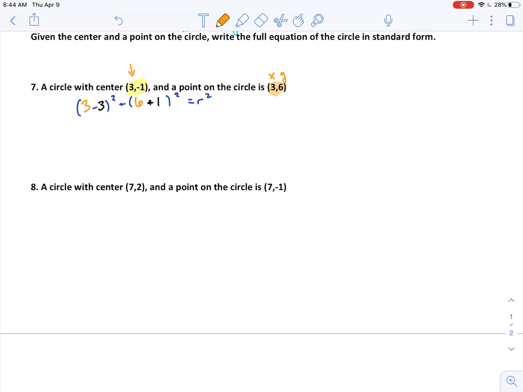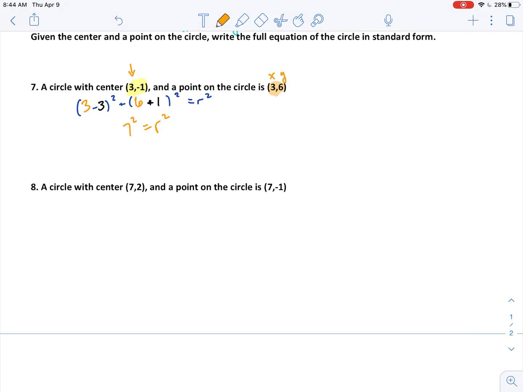So always take the same first step, fill in the center coordinates where they usually would go, and then substitute in your x and y from the point. So 3 minus 3 squared is 0 squared, and one of these is always going to reduce to 0.